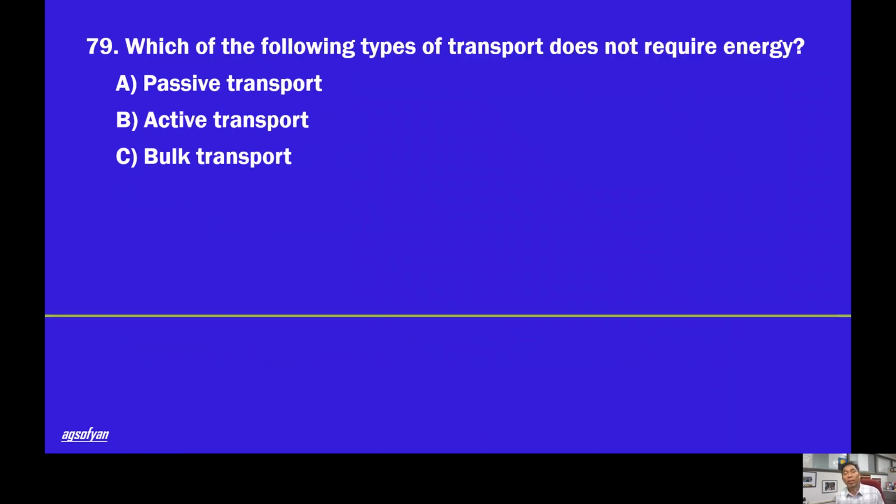79. Which of the following type of transport does not require energy? A, passive transport, B, active transport, C, bulk transport. Choose your answer. It's going to be passive. Passive is the transport that does not require energy.